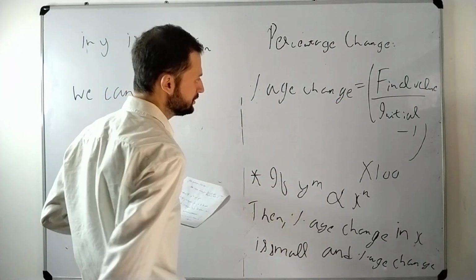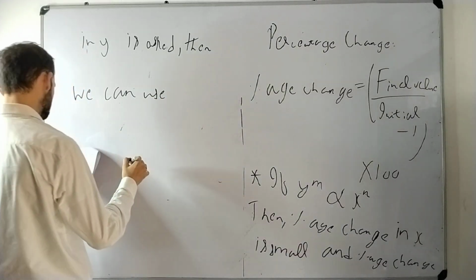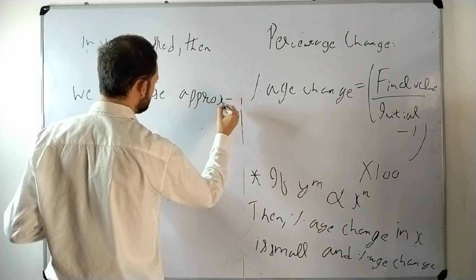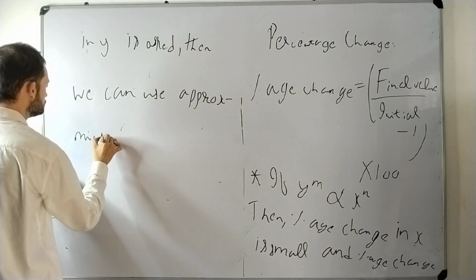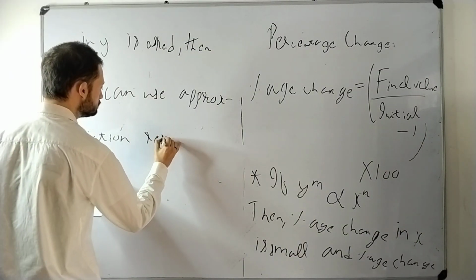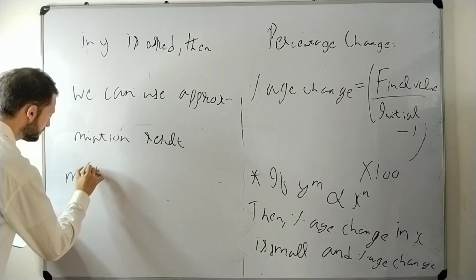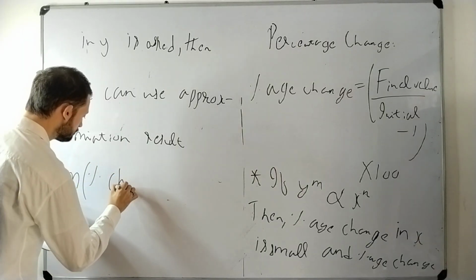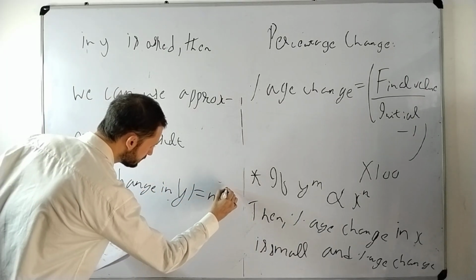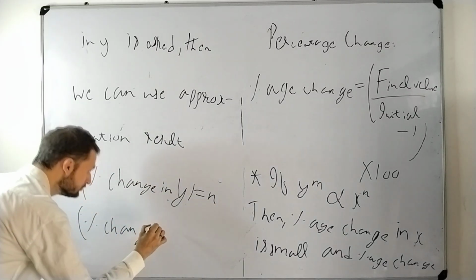Then final value upon initial value minus 1, we will use this. Then we can use the approximation formula. Approximation result: this is m% change in y is equal to n% change in x.